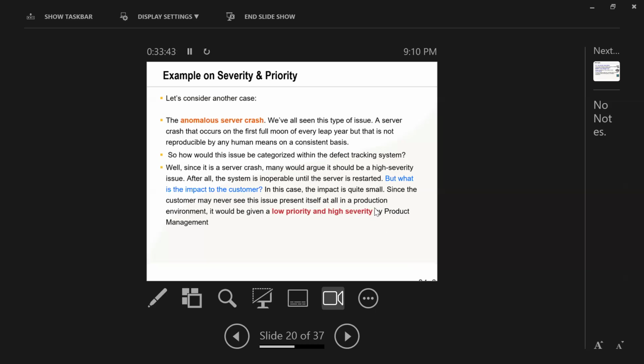You see, the customer may never see this, right? On the customer side, there is no impact. They need to restart, okay?